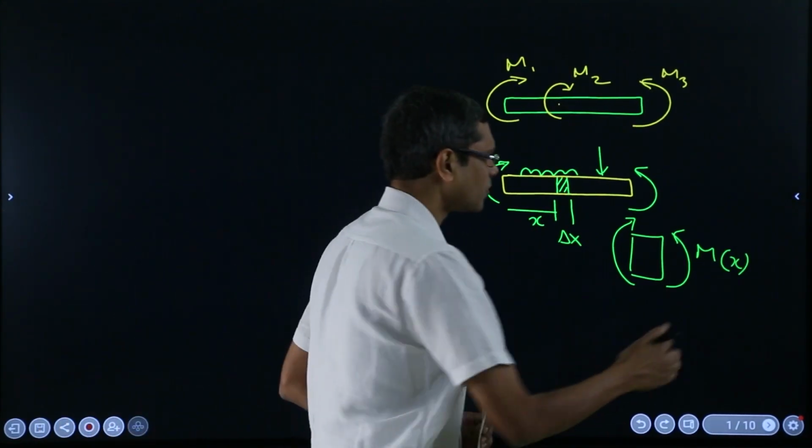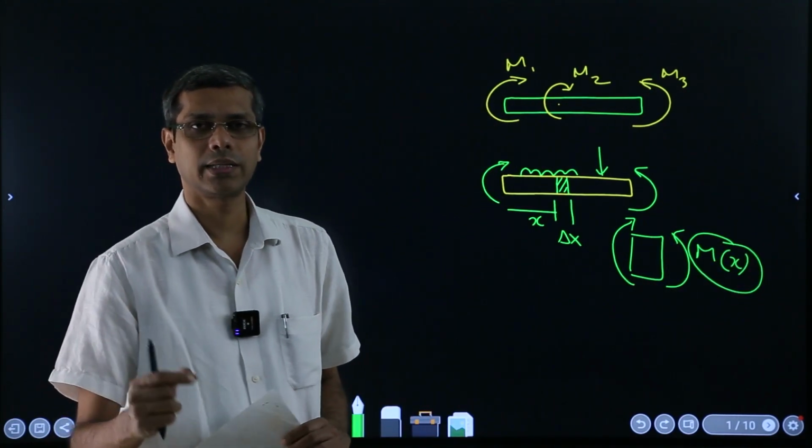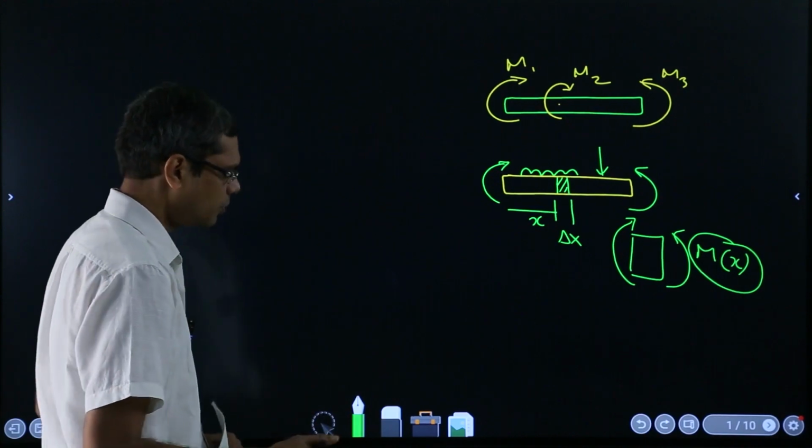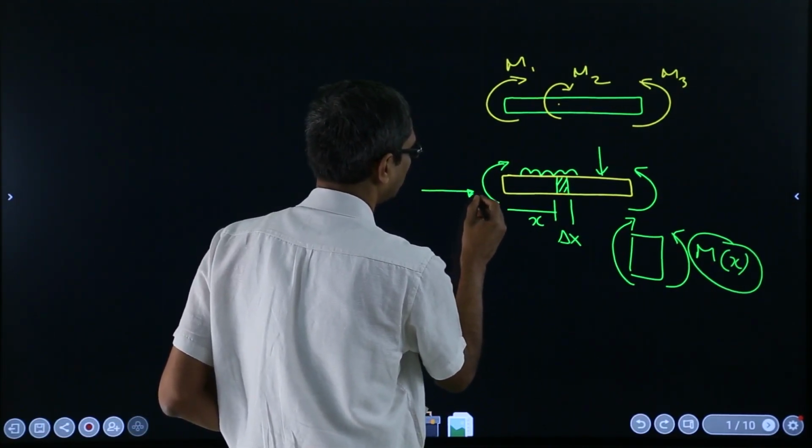But to know that, I have to know the moment at that particular location. So basically, we are tackling problems of this type.